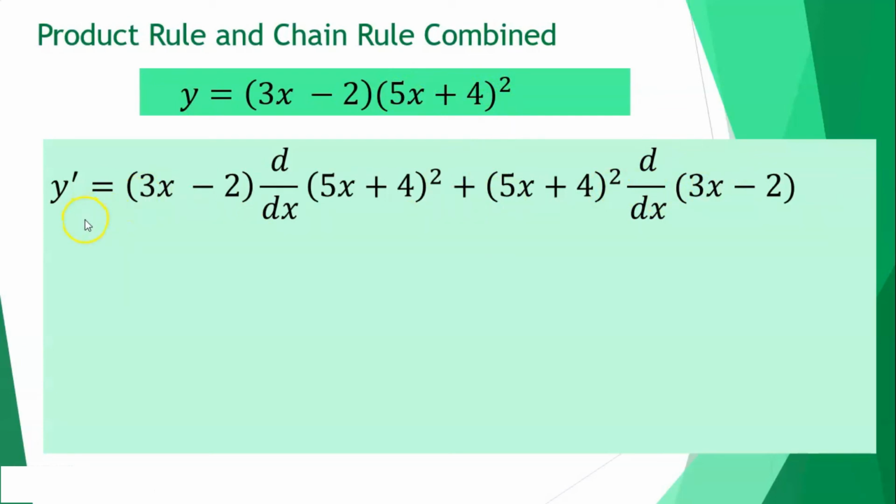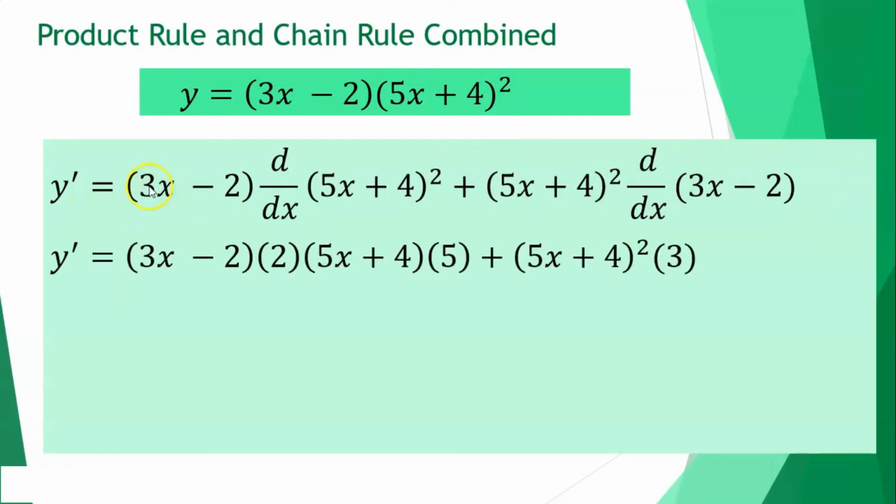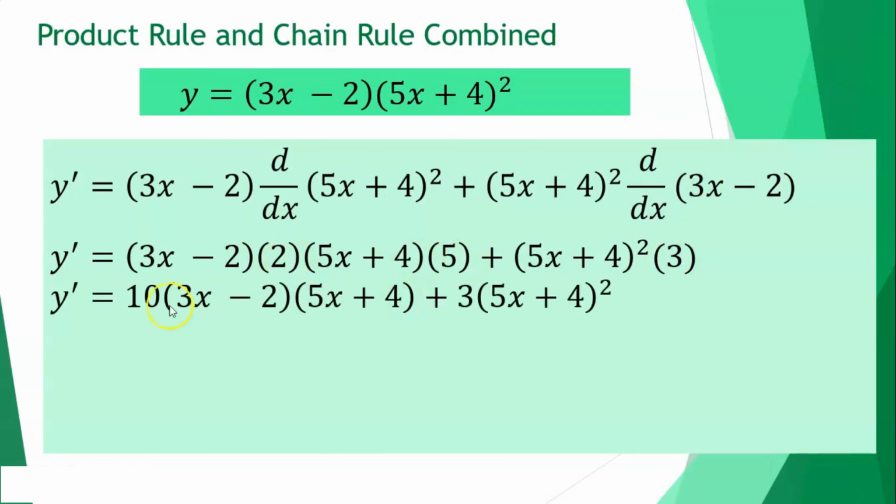So again with this one, copy 3x - 2, derivative of (5x + 4)², that would be 2(5x + 4), 2 minus 1 would become 1, and the derivative of the base, that would be 5. So again, this one, (5x + 4)², derivative of 3x - 2, that would be 3. So at this point, we can combine 2 times 5, that would become 10. And this one, we will have 3.